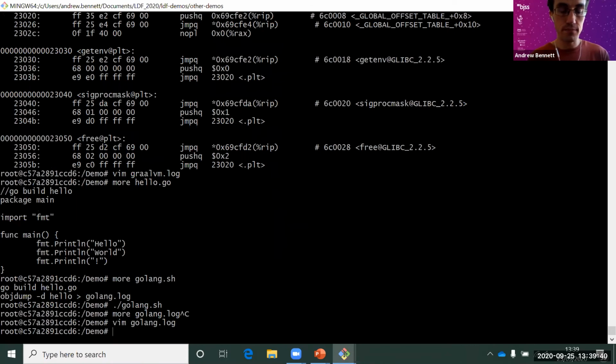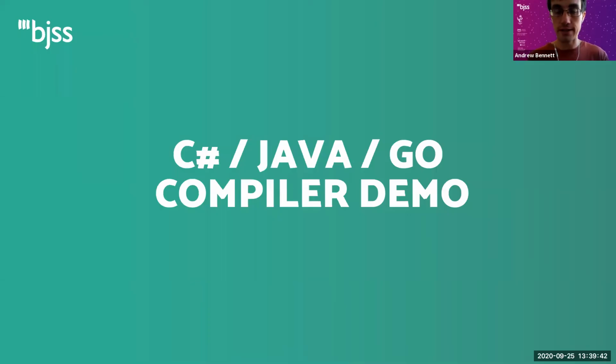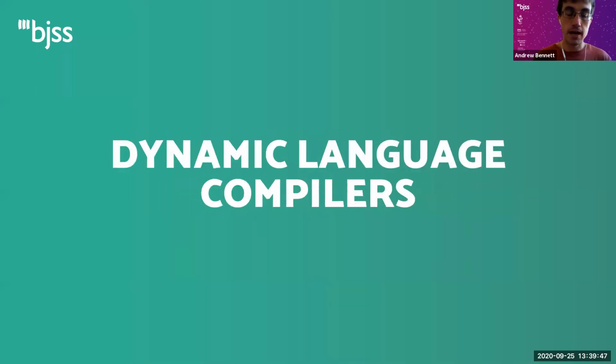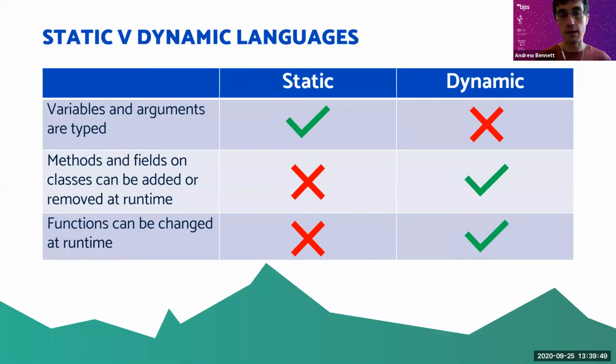So that talks about static languages. Let's quickly look at dynamic languages and how they get compiled. This slide we saw before. The key point about dynamic languages is that their structure changes at runtime. Methods and fields can change, and there's no typing going on; we use duck typing.